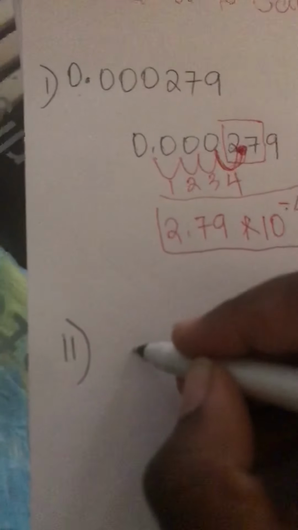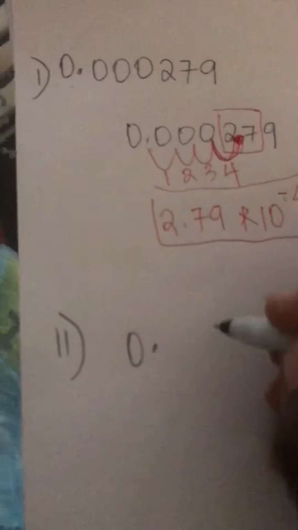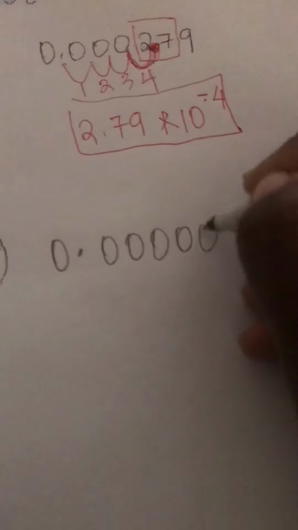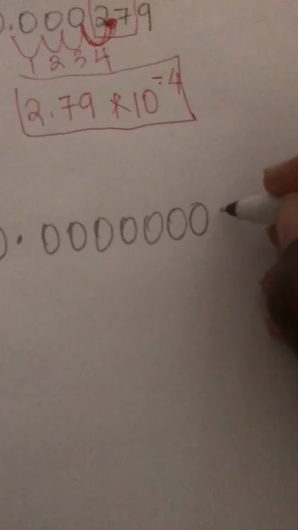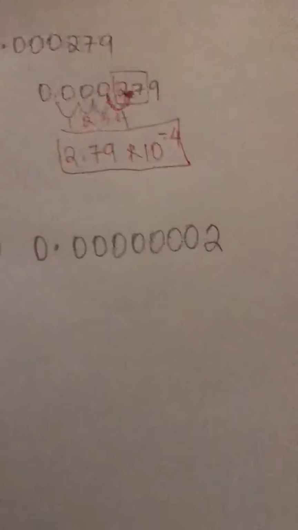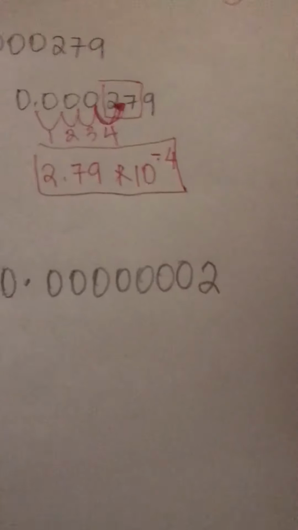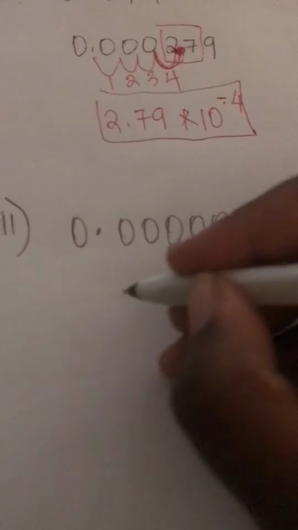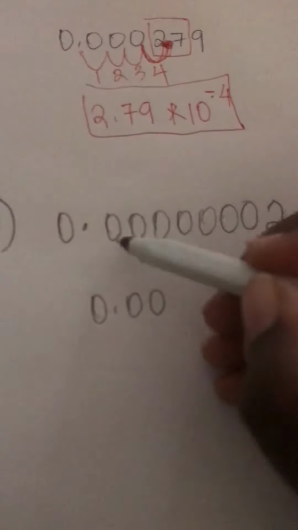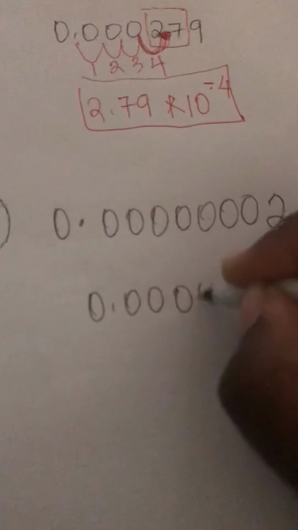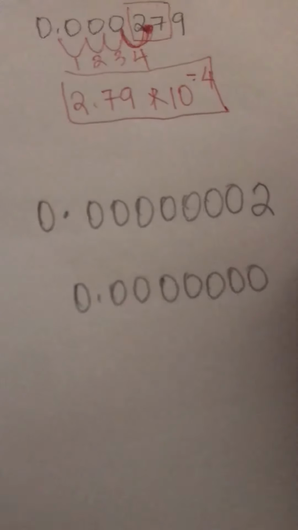Let's do another. How will I do this? So this is my question, and I'm going to rewrite it again. 1, 2, 3, 4, 5, 6, 7. 2, 4, 5, 6, 7, and then 2.